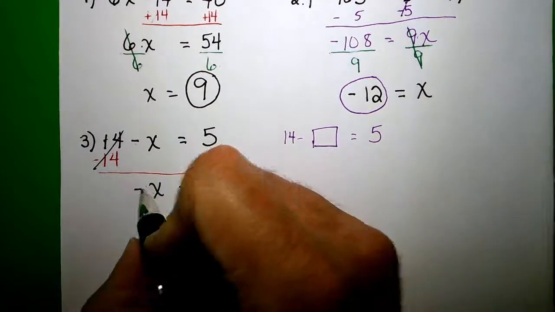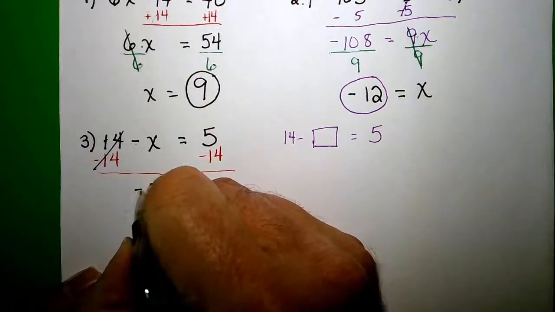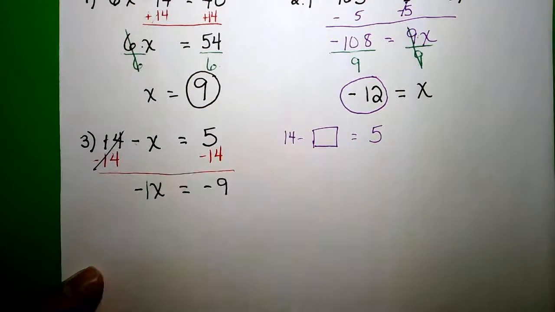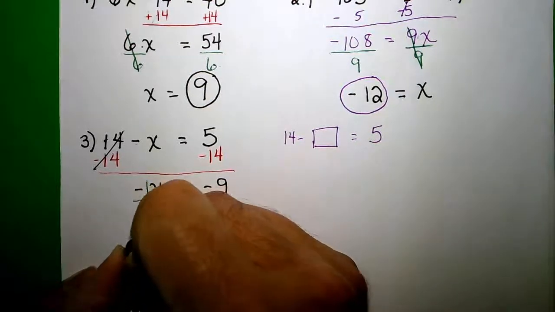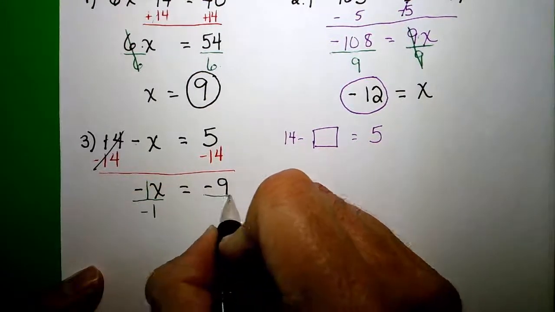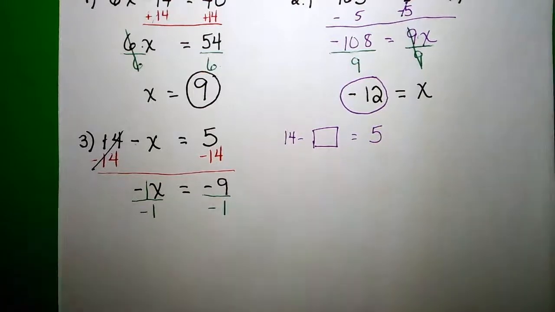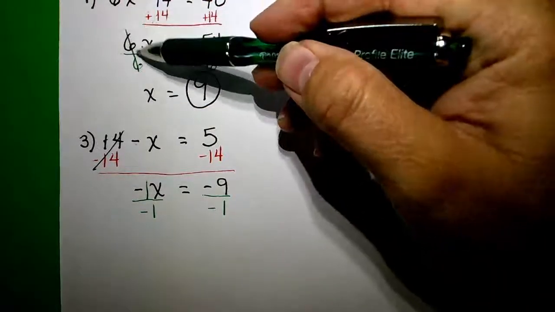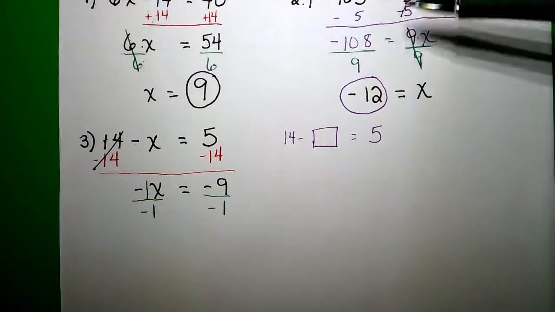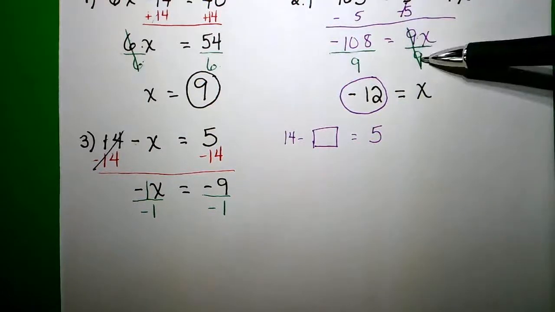But remember that this negative right here in front of the x is actually a negative 1. So negative 1 times x, what am I going to do? Well, divide both sides by negative 1. The same way I divided both sides by 6 here, and over here, what did I divide by? 9.